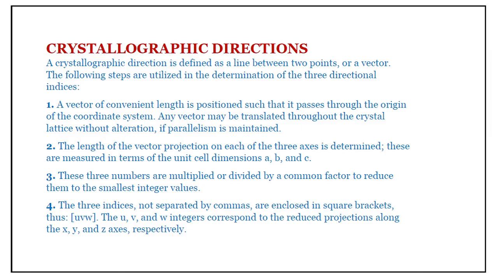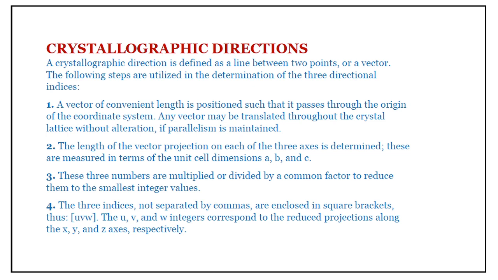Now coming to the crystallographic direction. A crystallographic direction is defined as the line between 2 points, or a vector. The following steps are utilized in determination of the 3-dimensional indices. A vector of a convenient length is positioned such that it passes through the origin of the coordinate system. Any vector may be translated through the crystal lattice without alteration if parallelism is maintained. The second point is the length of the vector projection on each of the 3 axes is determined.